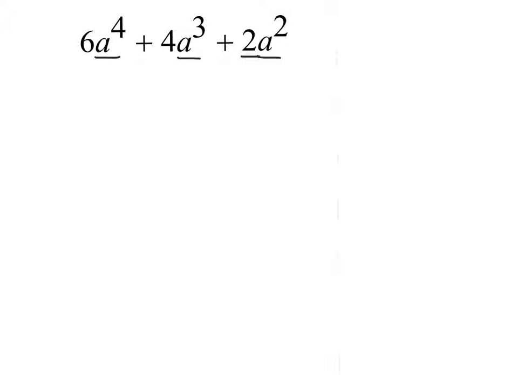And so since each term has an a in it, we should be able to factor some of those a's away. So when we look at the exponents, we notice that the lowest exponent is the 2. So that means that there are 2 a's in 4, 2 a's in 3, and there's 2 a's in 2. So we can factor out a squared.